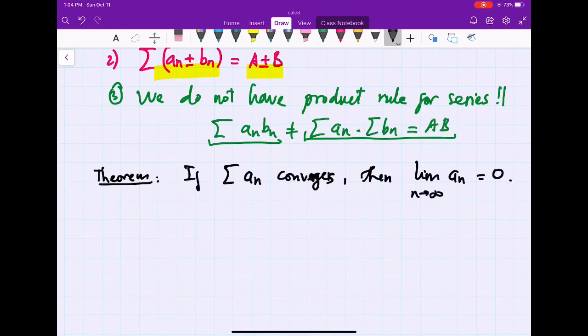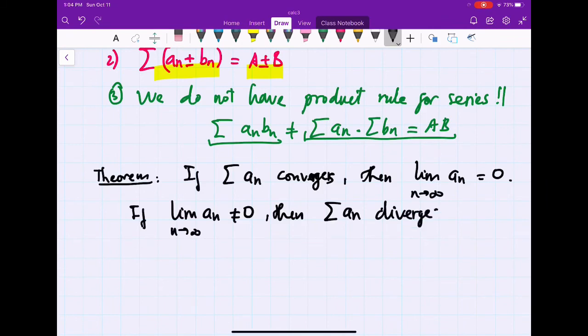As a consequence of this, if the limit of an is not 0, then the series of an diverges. It looks very simple, but sometimes that works really well. The proof of this theorem is pretty nice, short and easy. You can check that in the textbook.